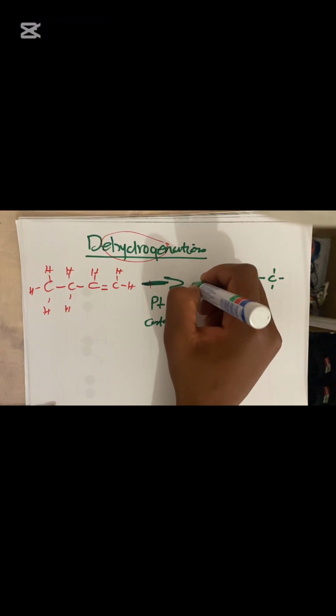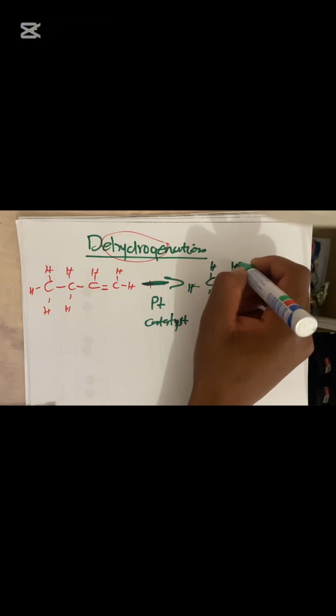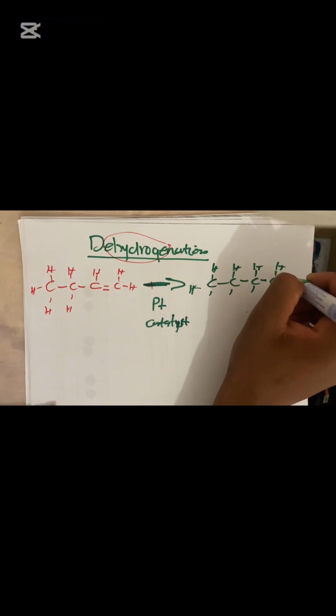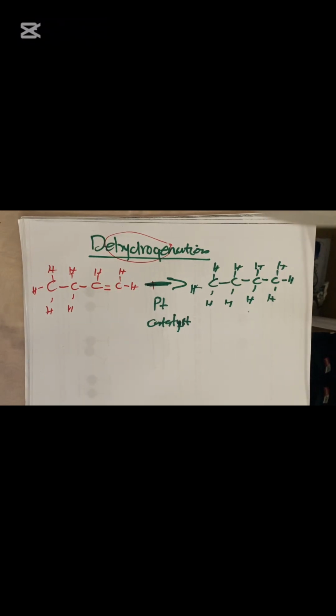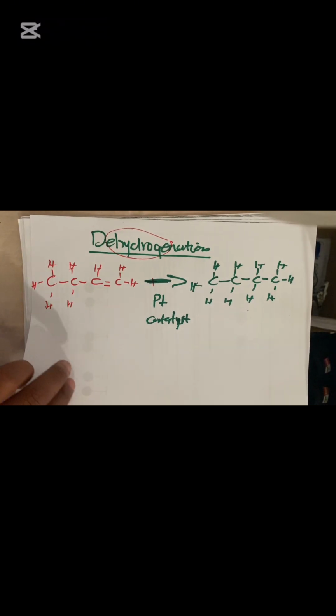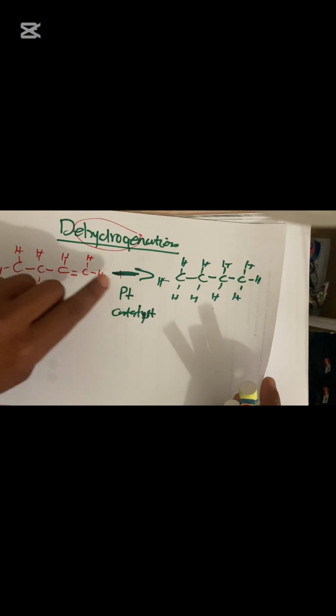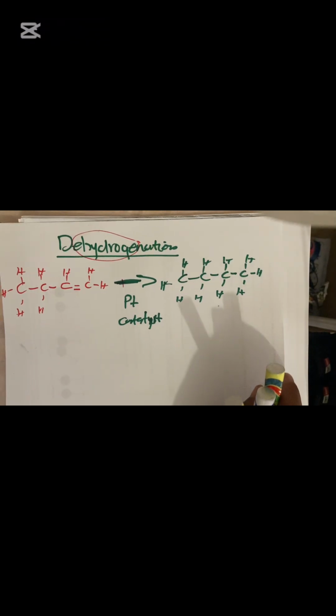If we add hydrogens, it's just going to be single bonds all over. And then we have added the hydrogen. So this is what we call dehydrogenation. From double bond to single bond.